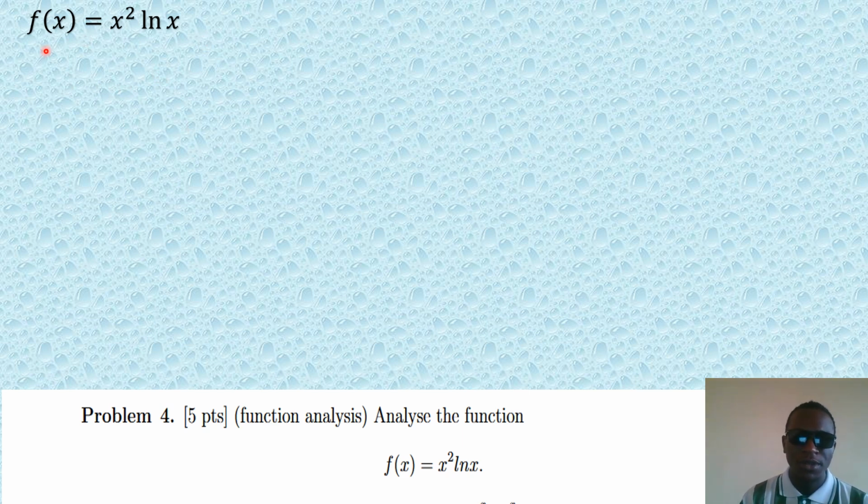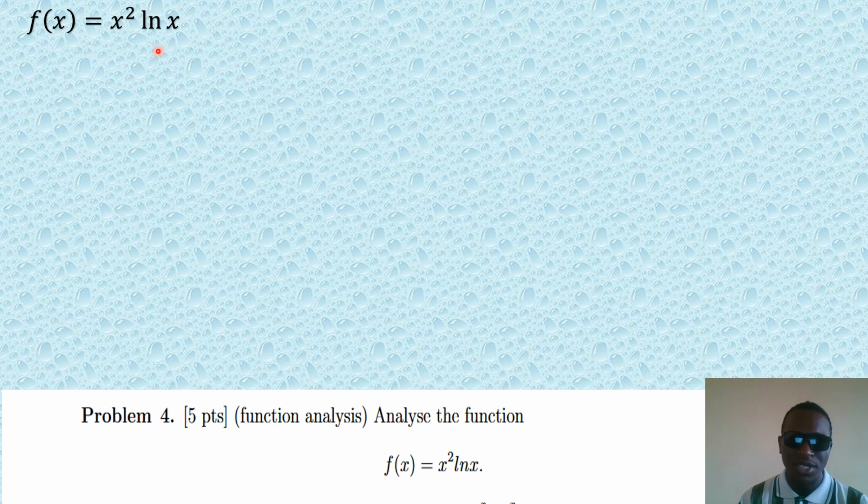So from this function, we know that the first part of the function is a polynomial, while this one is what? A logarithmic function. This natural log of x is what will define the domain of this function.